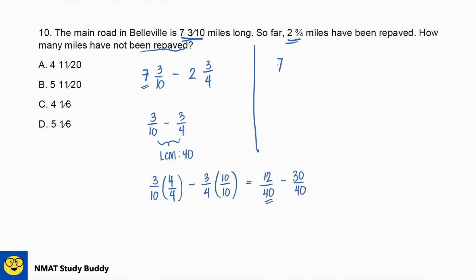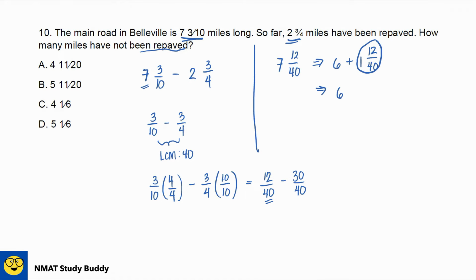So, meron kang 7 and 12/40, diba? So, this one can be written as 6 plus 1 and 12/40. So, pwedeng maging ganyan siya. Kasi 6 plus 1 is also 7 naman. So, itong part na to, gagawin nating improper fraction yan.